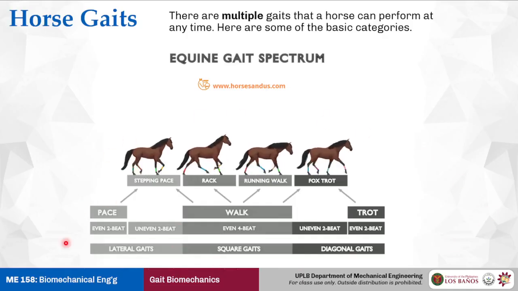I believe if you own horses, or if you're part of the stable crew, you can distinguish these gaits very clearly. But for myself, I am not a gait expert in equestrian science, so I'm not able to distinguish these gaits as easily as the experts. So those are the horse gaits.